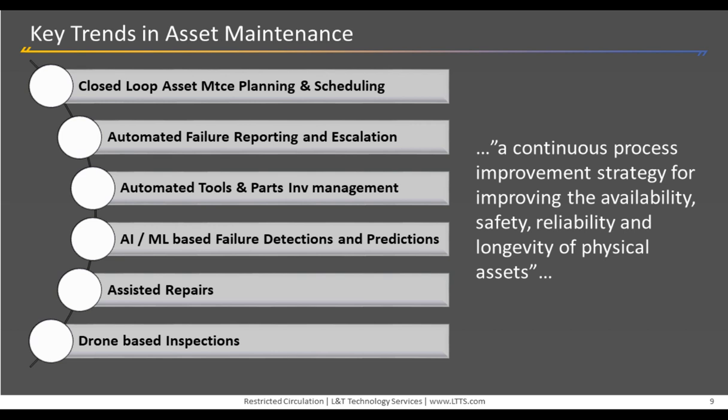We are also looking at tools and parts, because once an asset is invested in, every customer tends to look at what tools and parts we need to keep in our inventory so that we are not looking at any downtime because of the lack of tools and parts. But with the advent of technology and supplier coordination, a lot of automation has come into the picture.